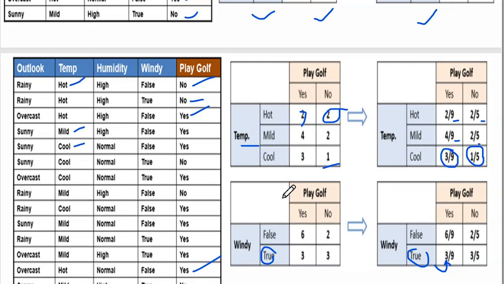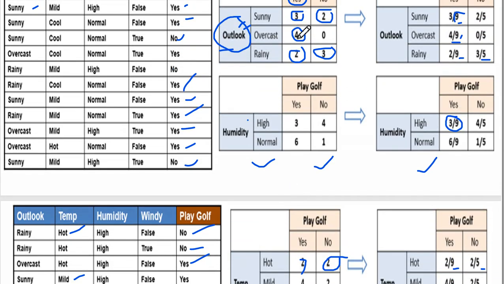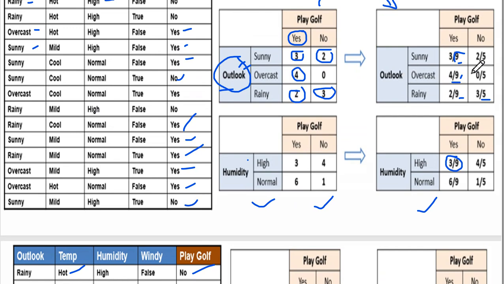Let's see one more time. For example, here we can see the likelihood probability for outlook equal to overcast with class no, check the records, is 0. If you are given a test instance with outlook equal to overcast, some humidity value, temperature, and wind, but the probability for outlook equal to overcast given no is 0, then the entire test instance probability for no becomes which one? 0.